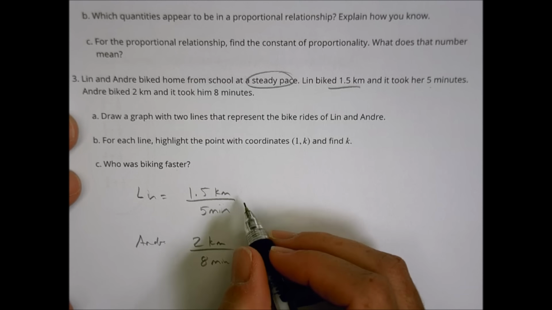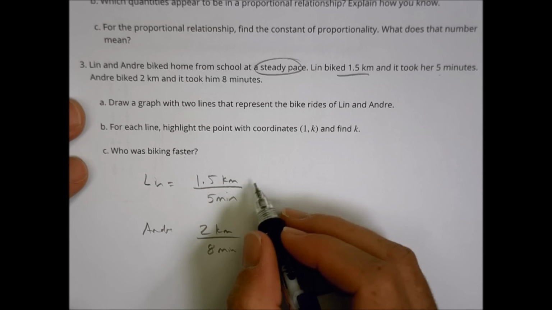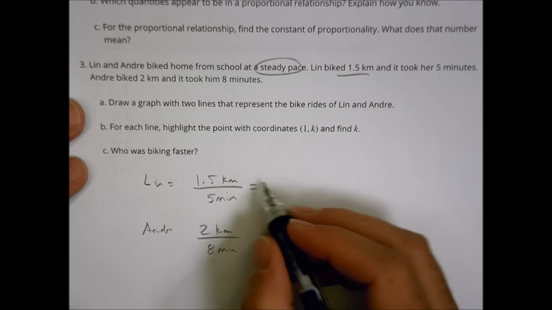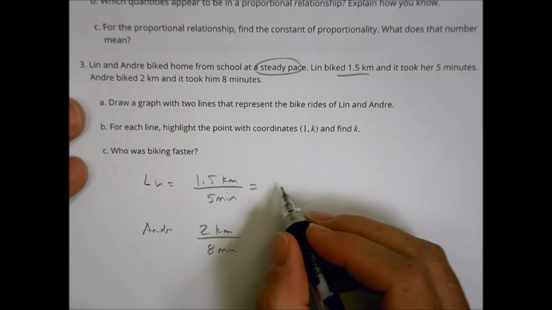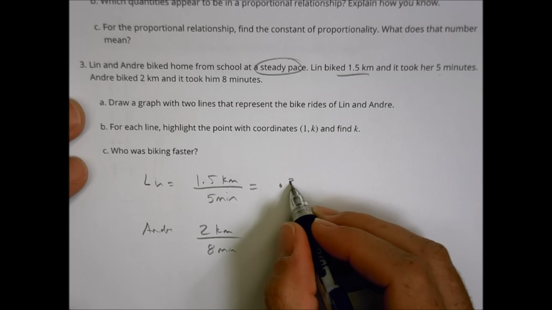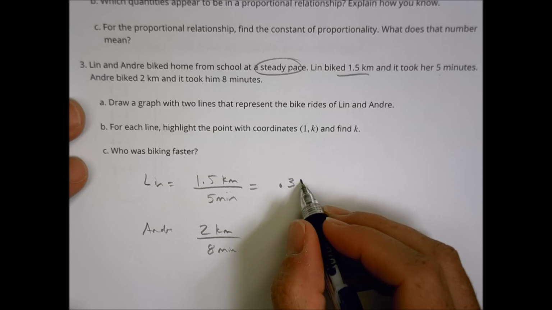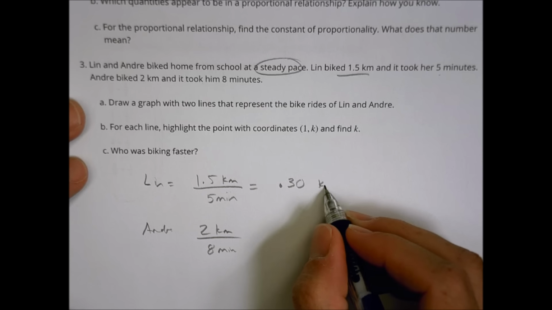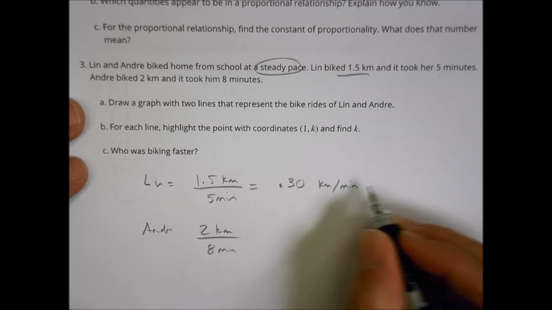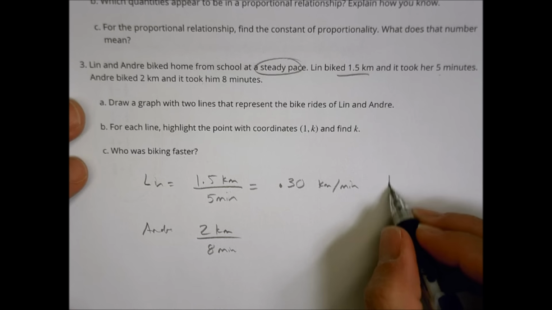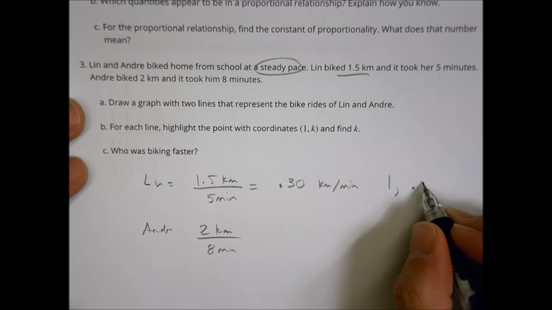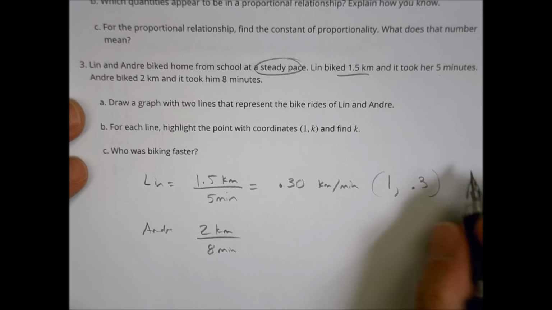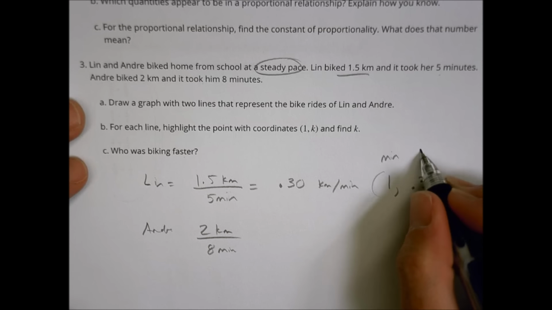Okay, in terms of their pace, their rate, 1.5 kilometers per 5 minutes becomes 0.3, or I could write 0.30 kilometers a minute. Which means that after 1 minute she has gone 0.3 kilometers. There's our minute, there's our kilometers.